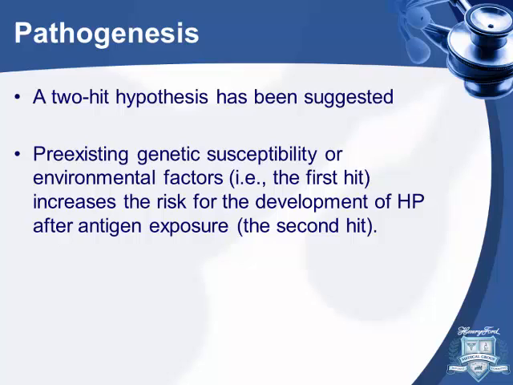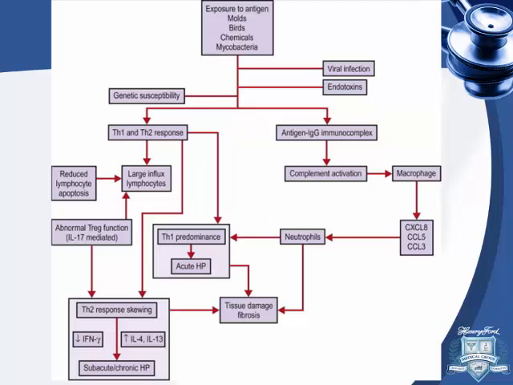So the pathogenesis is a two-hit hypothesis. We're saying that in a person who is genetically predisposed to developing HP, the combination of being exposed to the actual antigen will lead to HP. This, I promise, is the most boring slide I have. Basically, you have exposure to the antigen, whatever it is, and I'll go into detail on that later, in a patient who's genetically susceptible, and then you have an increased response from T helper 1 and T helper 2 cells, which leads to an influx of lymphocytes, and that can eventually lead to tissue damage and fibrosis.